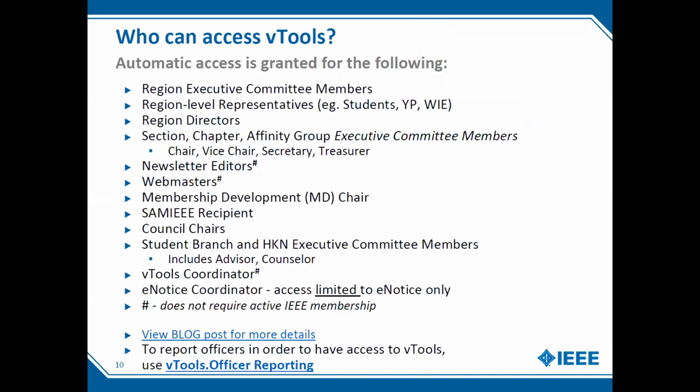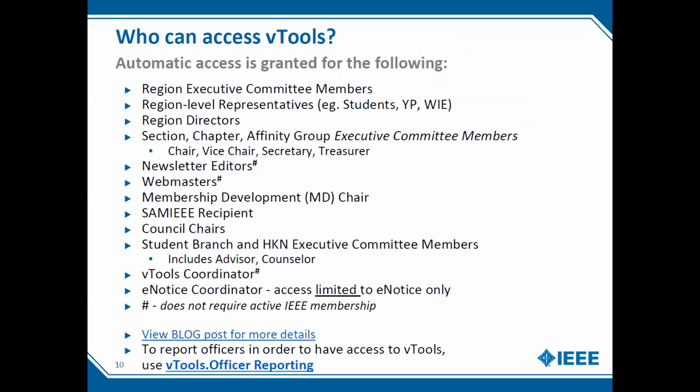I get this question all the time: who can access? And I mentioned officer reporting. It's key that you tell IEEE that you need to have access to certain things, what role you hold in an organization. So this is a list of positions that vTools supports.